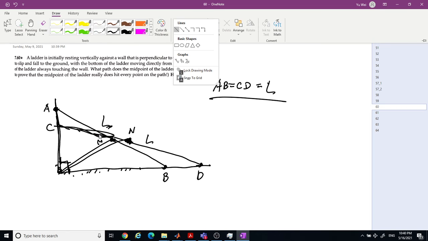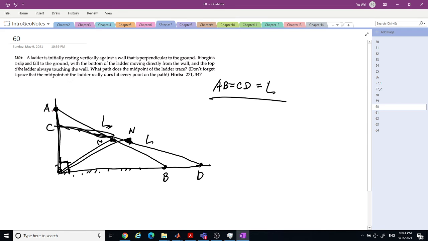So take a look at the right triangle ABX, okay? So you know this is the midpoint, right? So you know XM is equal to half of AB, which is L over 2, right? Similarly, you can see XN is equal to half of CD, which is L over 2, right?